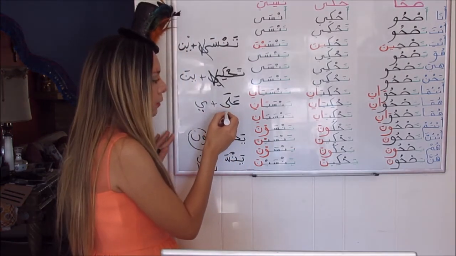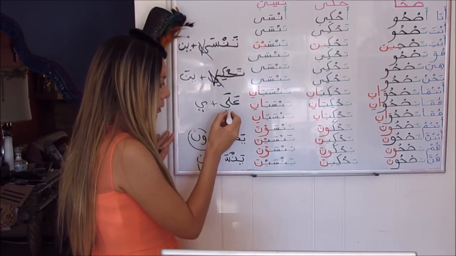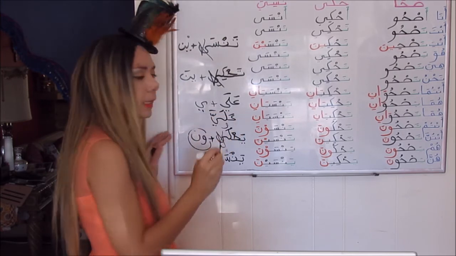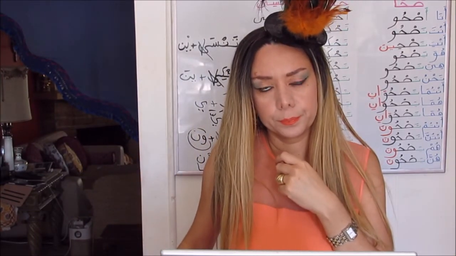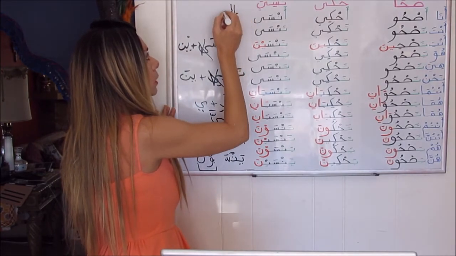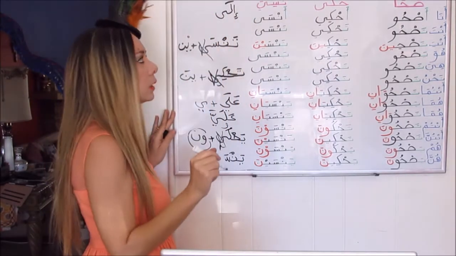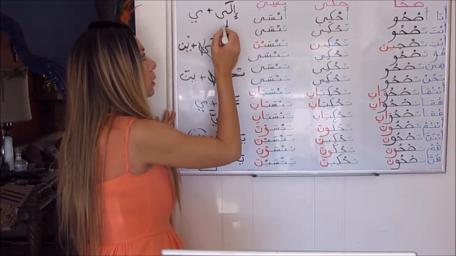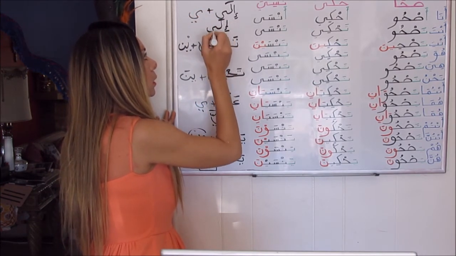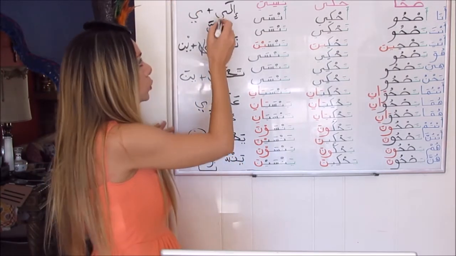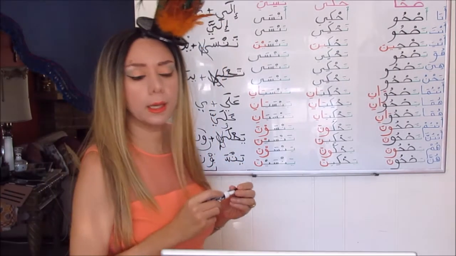So the shortened alif turns to a ya, so we have alayya. Alayya means on me, or ila, to, another preposition, plus ya, ilayya, to me. So this shortened alif turns to a ya.